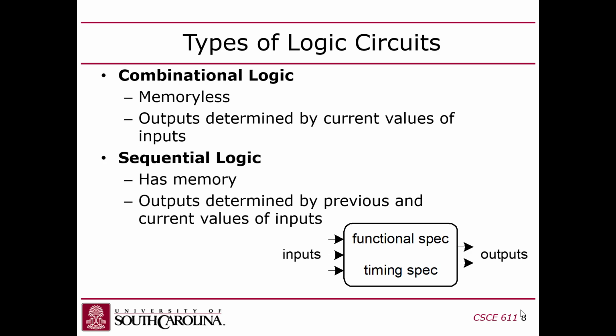Whereas a sequential logic circuit has memory, so the outputs are a function of the inputs but also of the input history. They remember the recent history of inputs, and use that together with the current input to determine the output.